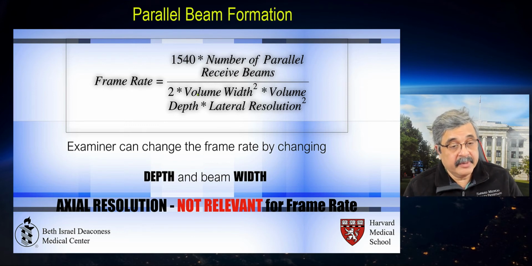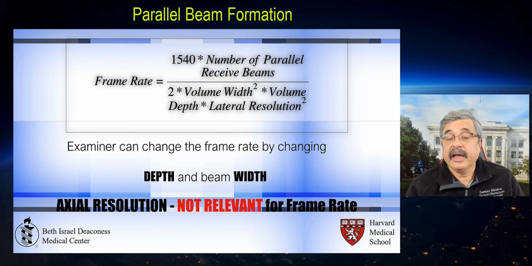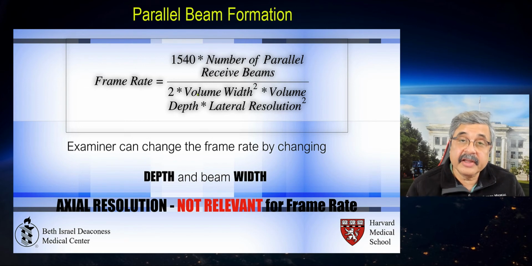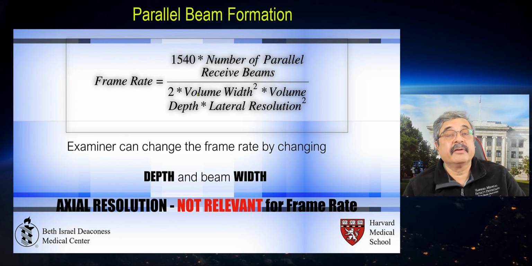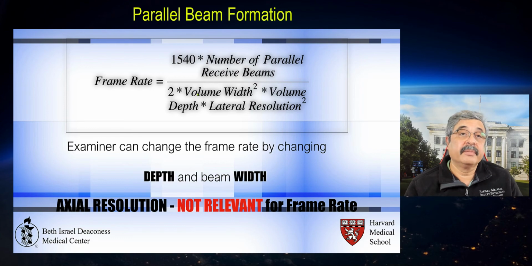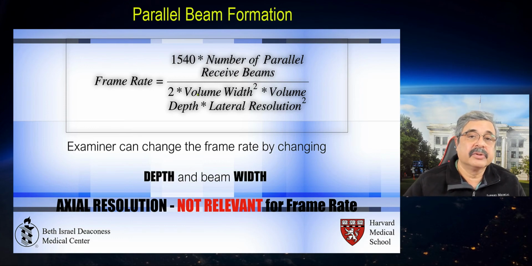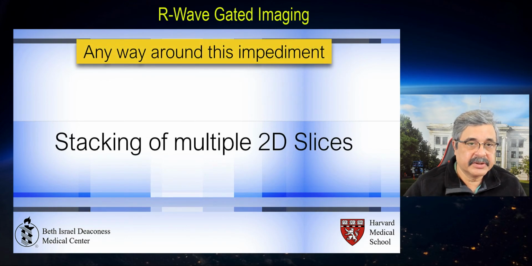So the examiner in three-dimensional imaging can change the frame rate by changing the depth and width of a beam. So they are significantly more compromised than two-dimensional imaging, that is your lateral resolution and your frame rate. However, axial resolution is not relevant to frame rate and therefore is not much impacted in three-dimensional imaging, as is the lateral resolution and frame rate in these patients.